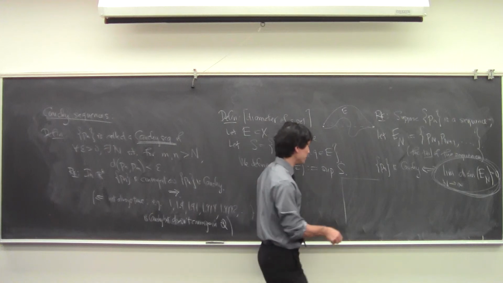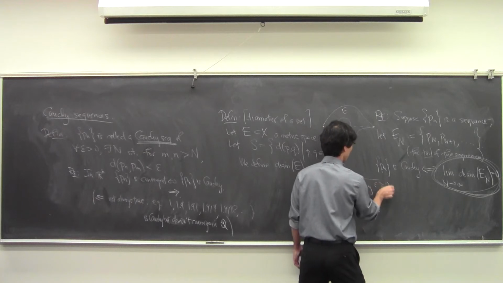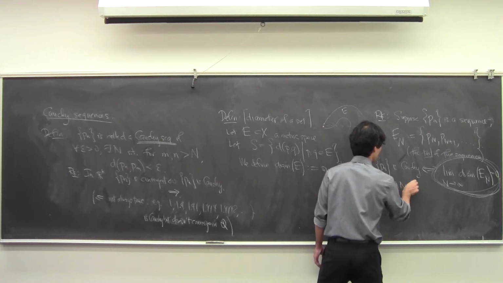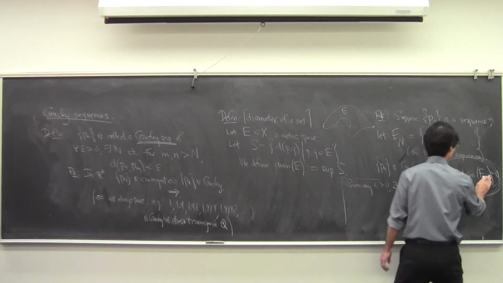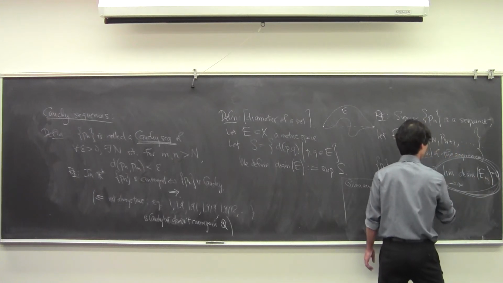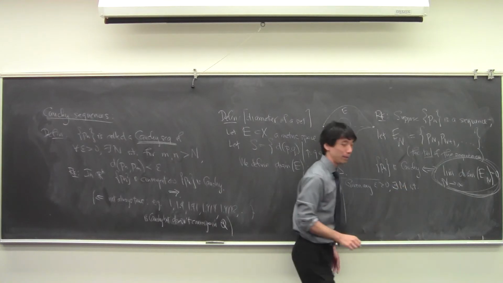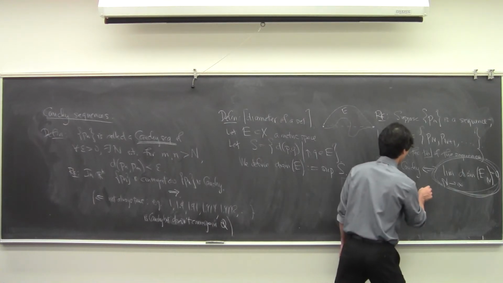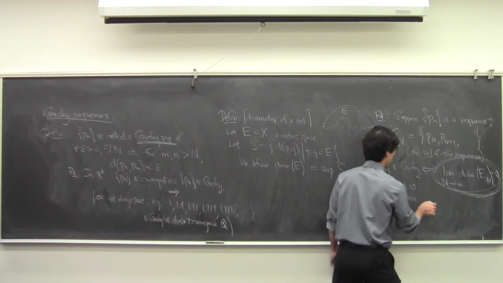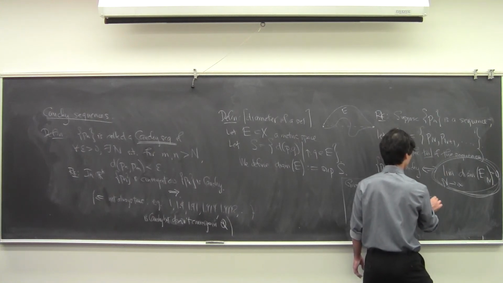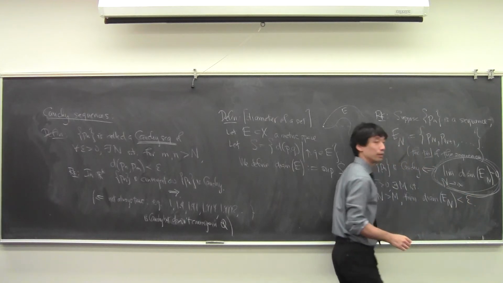Translating that into epsilon language, it means that given any epsilon, there exists some N such that if n is bigger than N, then the diameter of E sub n is smaller than epsilon.